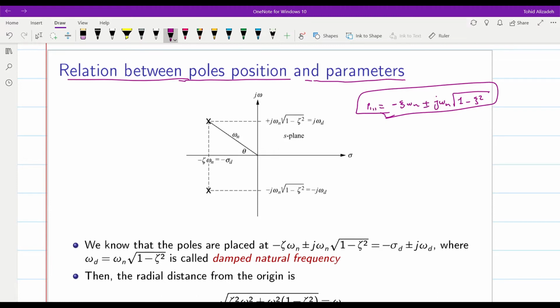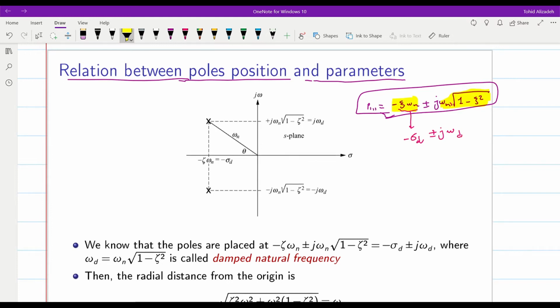You can see that the real part is equal to minus zeta omega n, and the imaginary part is equal to omega n times the square root of 1 minus zeta squared. We call that real part minus zeta omega n as minus sigma d, plus minus j times, instead of omega n times the square root of 1 minus zeta squared, we can also use omega d.